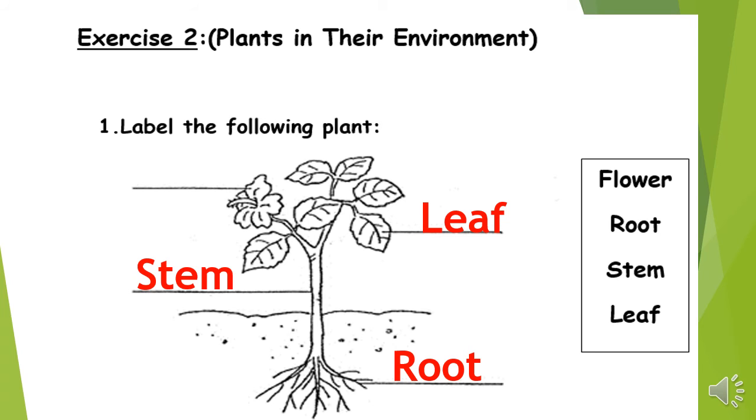Finally, we still have the flower. As we see, the picture shows a flower, so I have to write the flower next to it. So from here, we see that the plant has four parts. Excellent. We have root, stem, leaf, and the flower. And don't forget that plant comes from a seed. Excellent, guys. Now let us move to the next part.